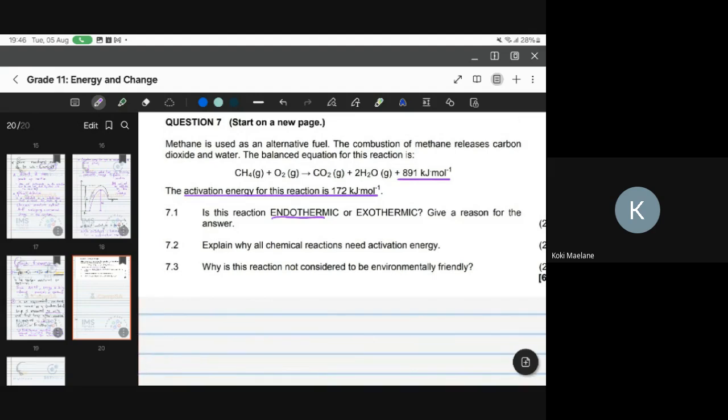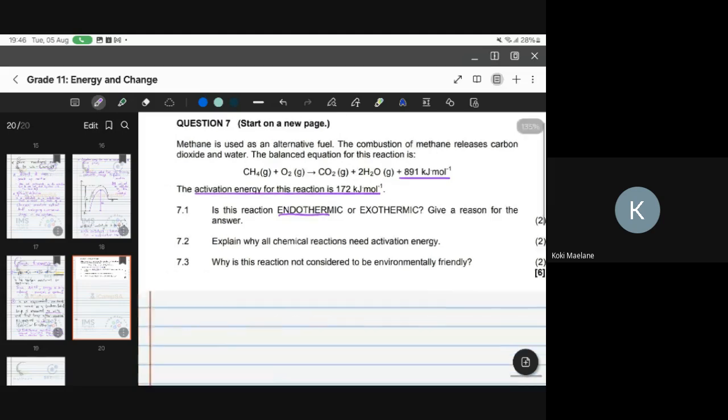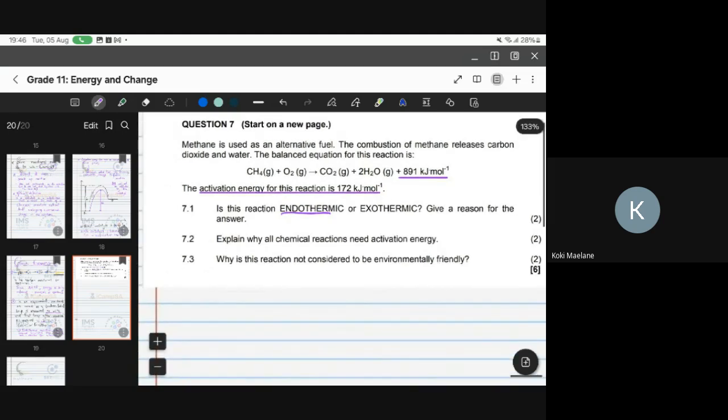Think of it like fire. Combustion always means there will be heat that will be released to the surroundings. And in this case, you are given methane, and methane is combusting in the presence of oxygen to release carbon dioxide and water. And you are being asked, is this reaction endothermic or exothermic?